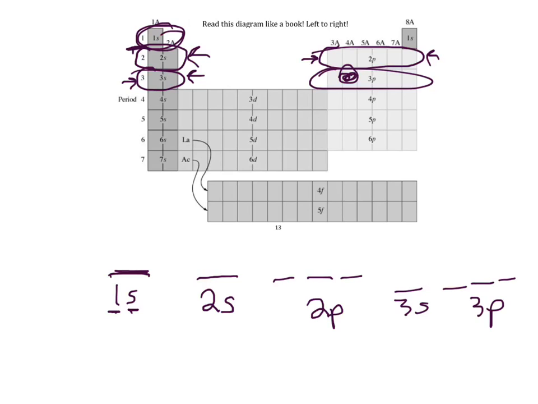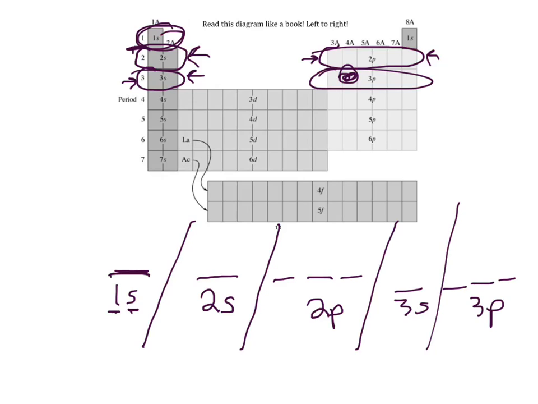Now again, according to the Aufbau principle, all electrons will fill lower energy levels first before they move up to a higher energy. And so silicon does have a total of 14 electrons. We typically write the setup like this, but I'm going to put these lines here. These lines are not typically a part of it, but I think it makes it so that we can see the different orbitals there.